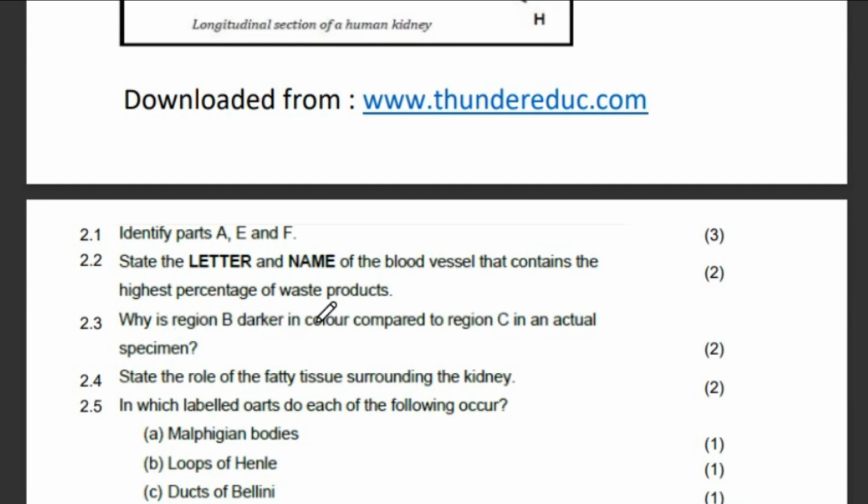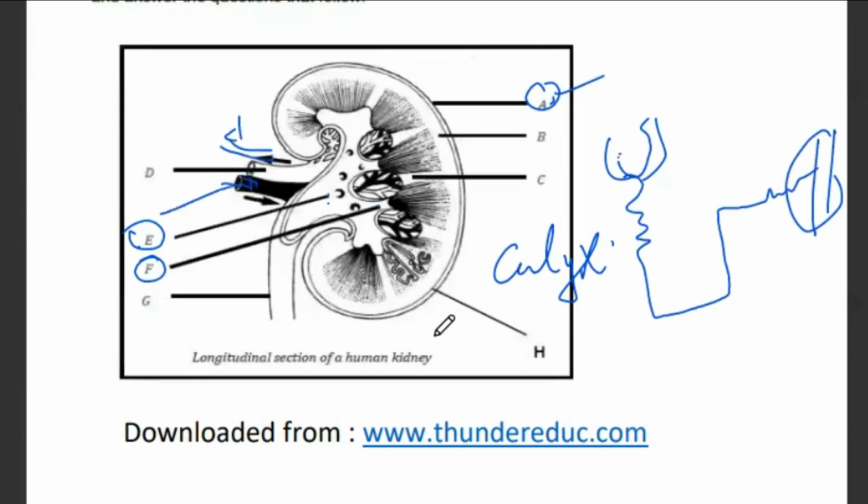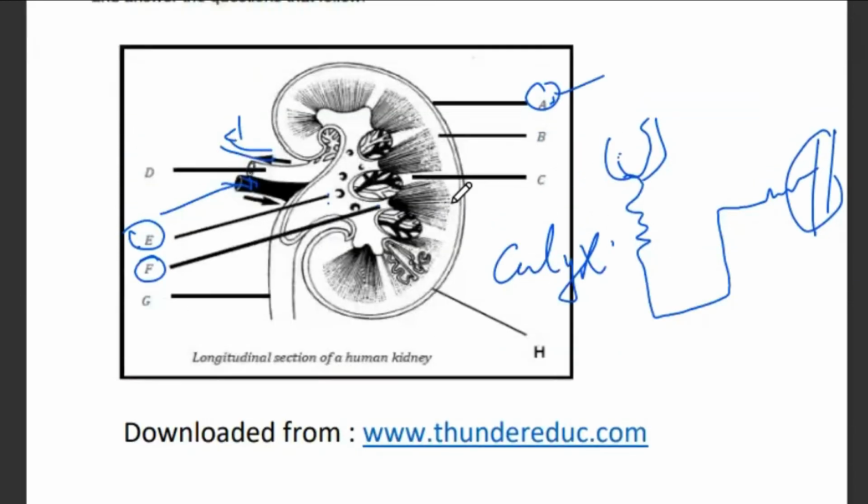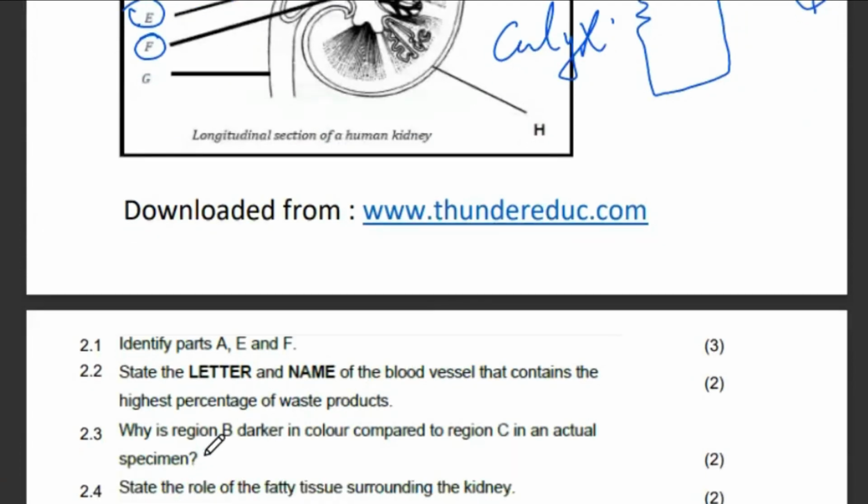Why is the region B darker in color than C in the actual specimen? Region D. What is the region D? Let me go back to the question. Why is region B darker in color than C in the actual specimen?